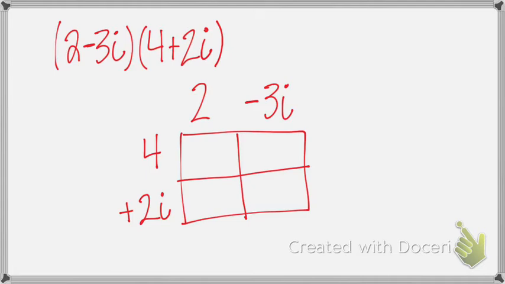All right, 4 times 2 is 8. 4 times negative 3i is negative 12i. 2i times 2 is 4i. And 2i times negative 3i is negative 6i squared. All right, now, what is this i that we're using? What is it standing for?